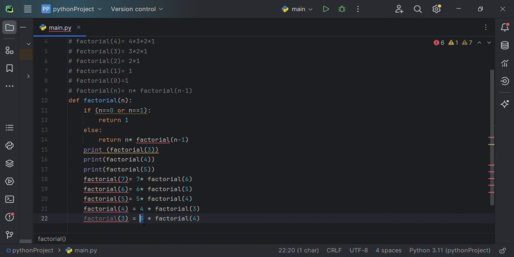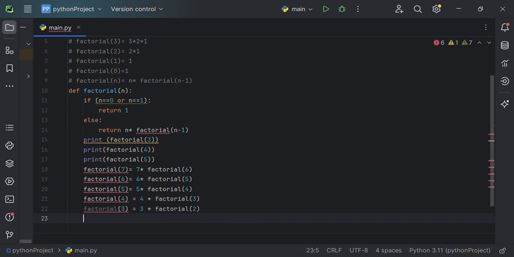Factorial of 3 is 3 multiplied by factorial of 2, and factorial of 2 is 2 multiplied by factorial of 1.